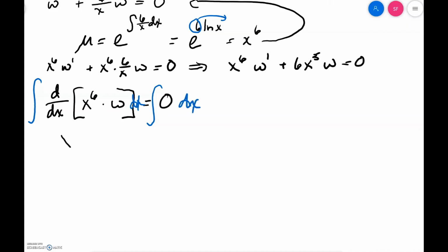Now the derivative and the integral are just opposites, so they cancel each other out, and here we get a constant. Let's solve for w. So w is c x to the negative 6. However, our problem wasn't in w's. Let's substitute back into u's.